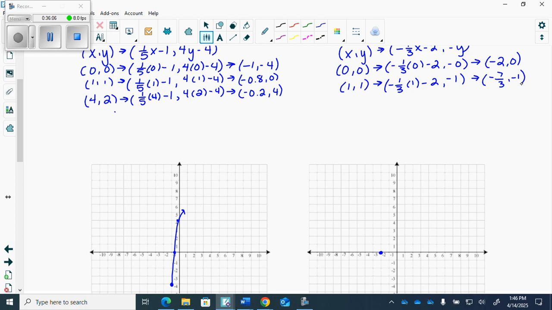Negative 2. Negative 2/3. Negative 3.363.